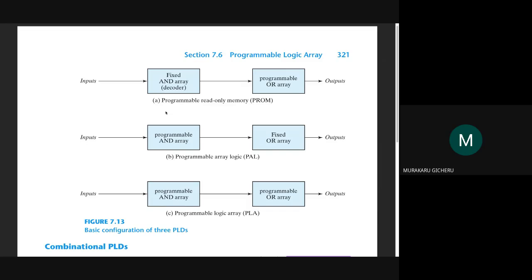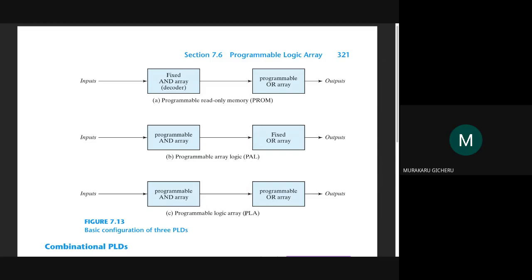The structure of a PROM is a combination of a fixed AND array, which is your binary decoder, and a programmable OR array, which had the X's that you could blow depending on what you want. Programmable array logic is where you have a programmable AND array and a fixed OR array.